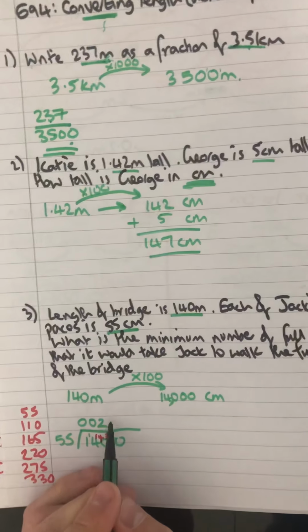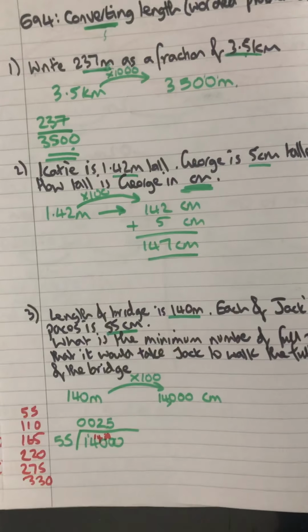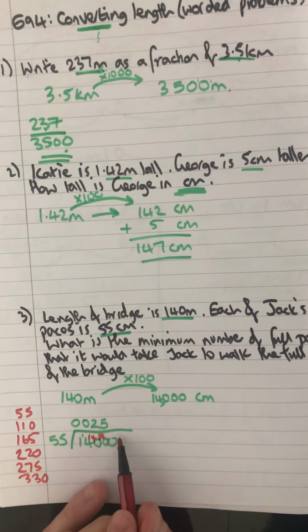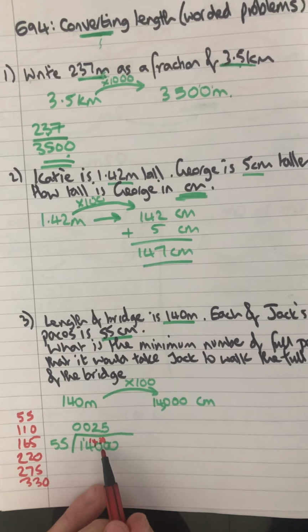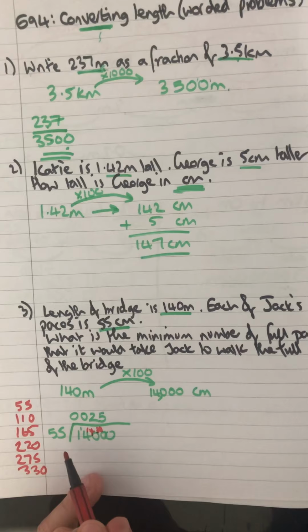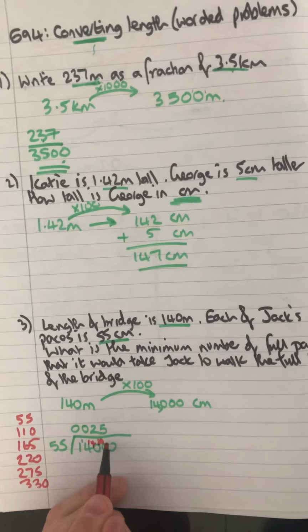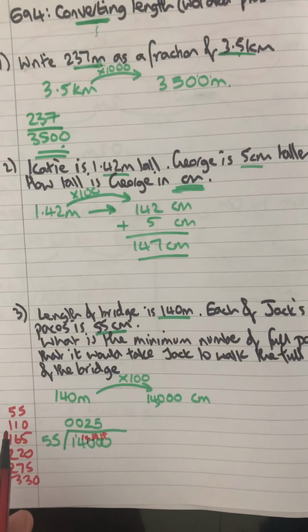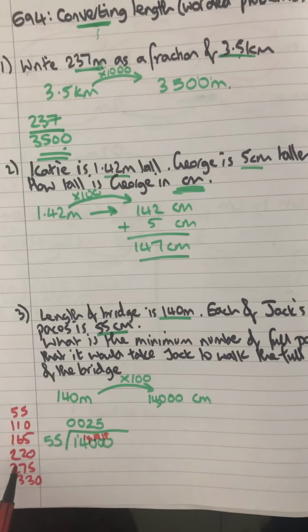I'll put 5 there. What's left over? Well, out of those 300, I've used 5. What have I used? 275. So 25 there. And then the same thing, how many into 250? 1, 2, 3, 4 times.